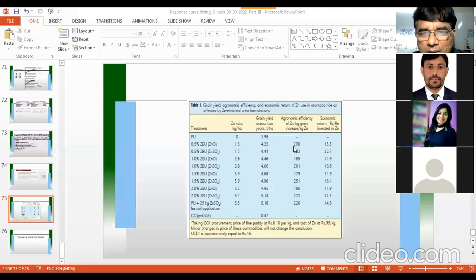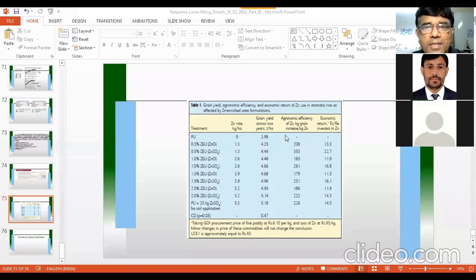So you divide 208 by 95 and you will get 13.3. Then 4.44 minus 3.98, then you will get 353, and this again divided by 95.